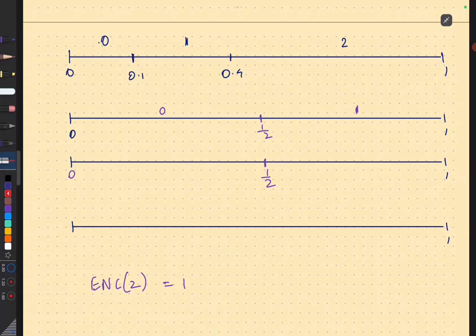So let me further partition this into 2 more subintervals, from 0 to 0.25 and so on. Does one of these subintervals lie within this particular interval? It doesn't, so let's again partition this into more subintervals.